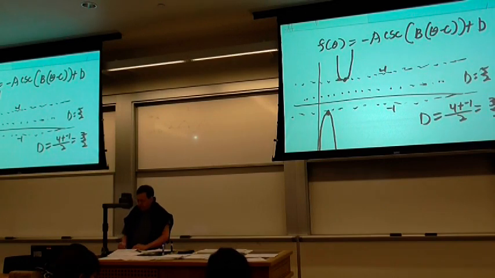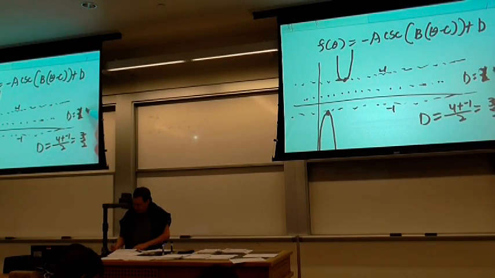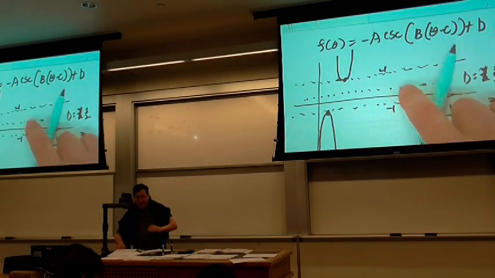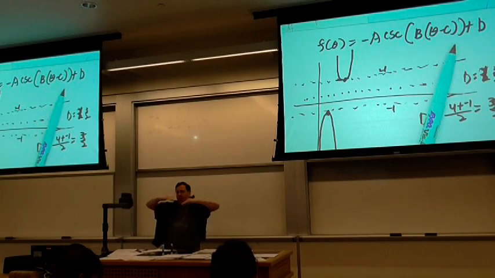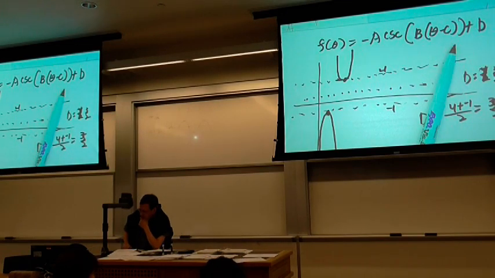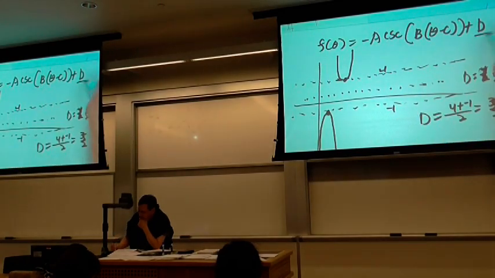And it is 3/2. Is that what you're saying? Yeah, that's right. Okay, so D is now 3/2. Right, so that's just telling us, we have this function, we're moving it up and down. So now we know it gets moved up 3.5. Okay, that takes care of D.